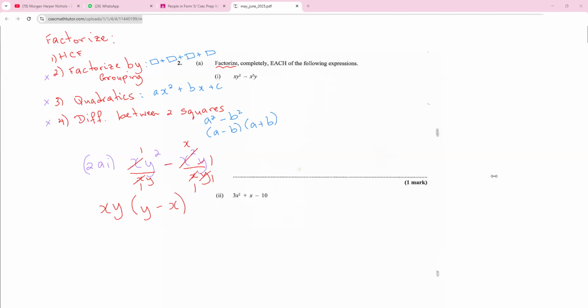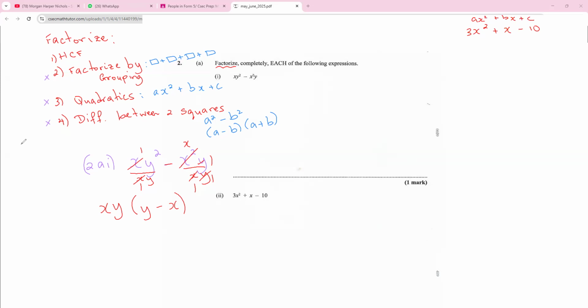All right. So next, we have 3x squared plus x minus 10. Now it's in the form of ax squared plus bx plus c. So you know it's a quadratic.